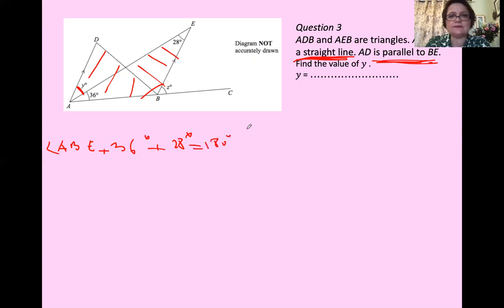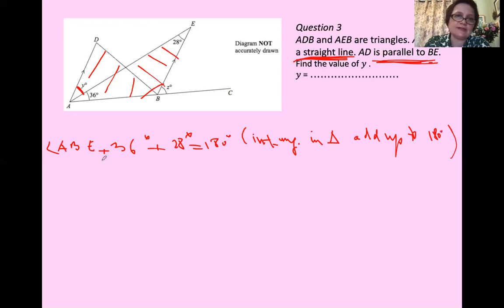This is the rule: interior angles in a triangle add up to 180 degrees.